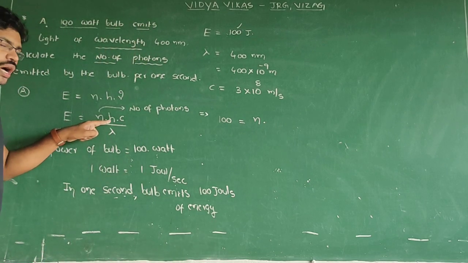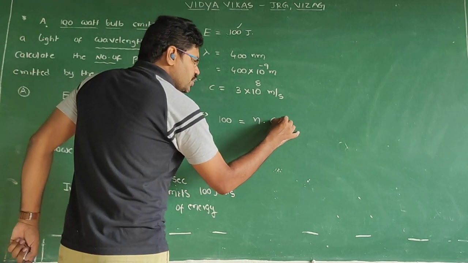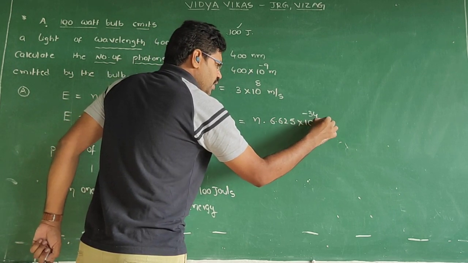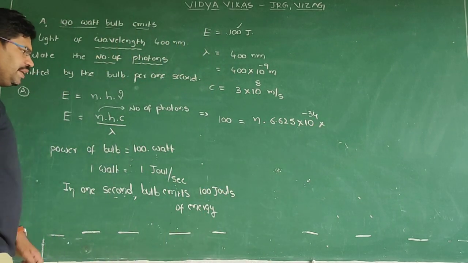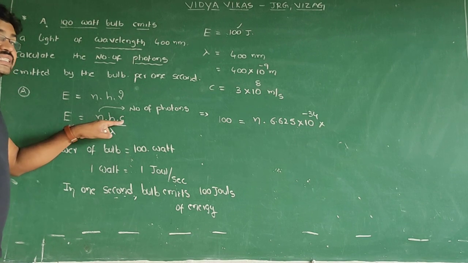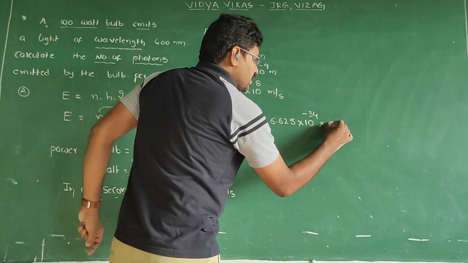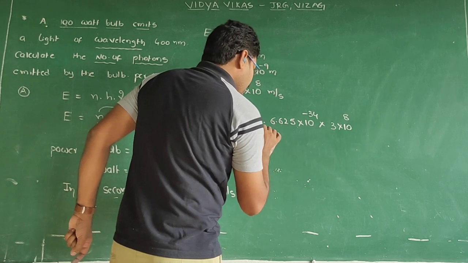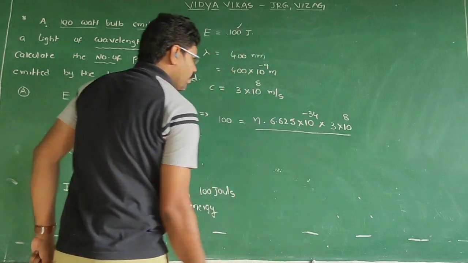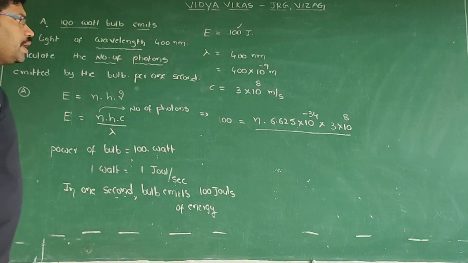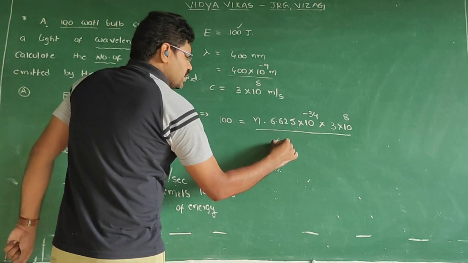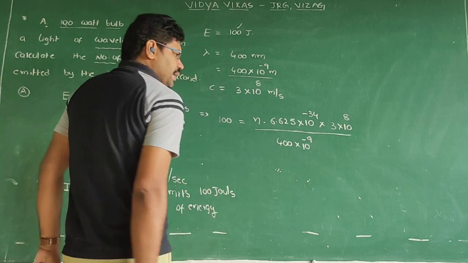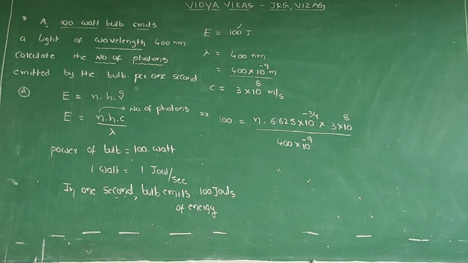What about h, sir? Planck's constant 6.625 into 10 power minus 34 joule second, into c, velocity of light, means 3 into 10 power 8 meters per second, by lambda, which, dear students, is 400 into 10 power minus 9 meters.